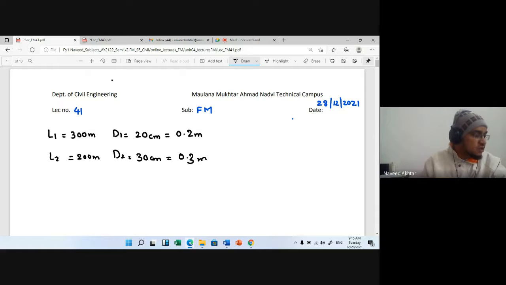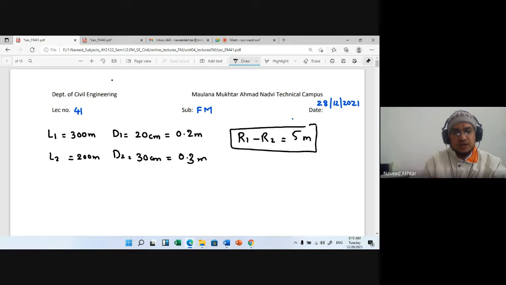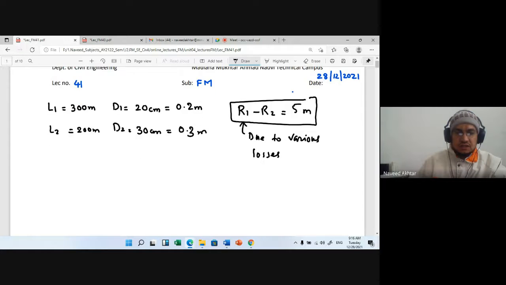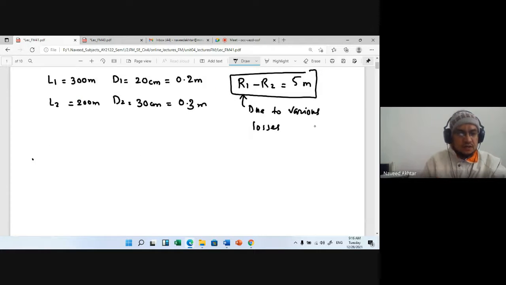And the difference between the head of the reservoir R1 minus R2, the level difference, is 5 meter due to various losses. Now you can see here this 5 meter is equal to the different losses.